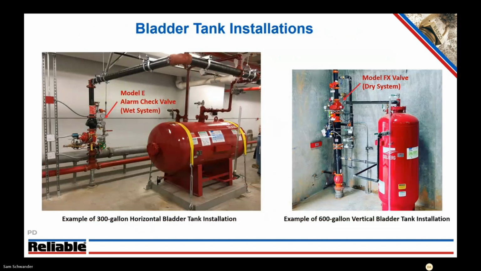So typical installations of bladder tanks, they come in 2 different configurations, right? Horizontal and vertical. Now, being an all mechanical system and a balanced pressure system, we want to have the bladder tank relatively close to the point of injection. Once you get over a certain number of feet away, the pressure from the system can't take up the losses in the concentrate line.